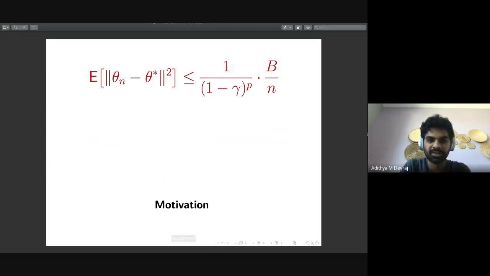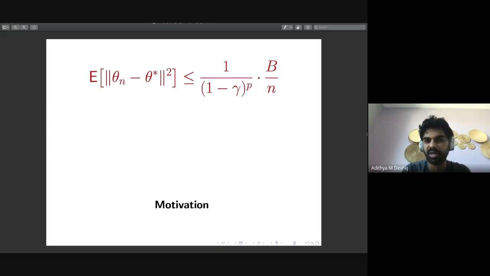So the motivation for this research is this kind of a bound on the error sequence that has been very popular in recent theoretical reinforcement learning papers. Here, theta n is the parameter vector that is the output of your reinforcement learning algorithm, Q-learning or TD learning, that is trying to approximate your Q function or your value function.